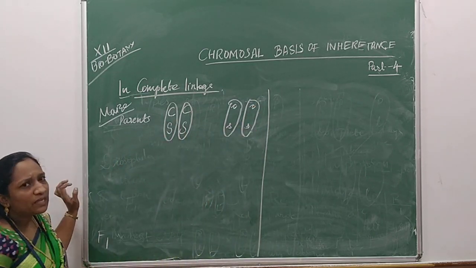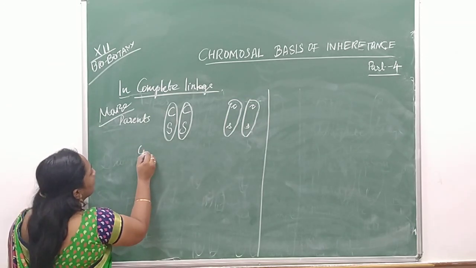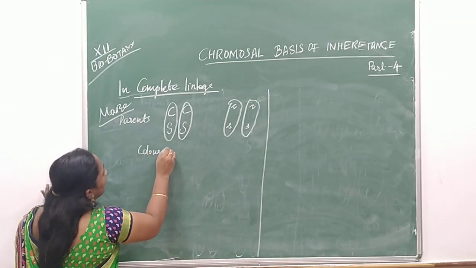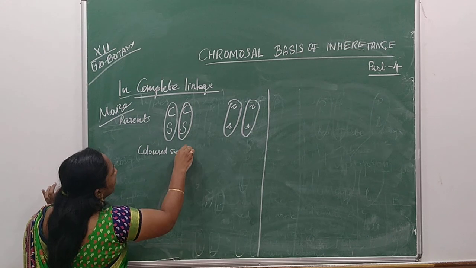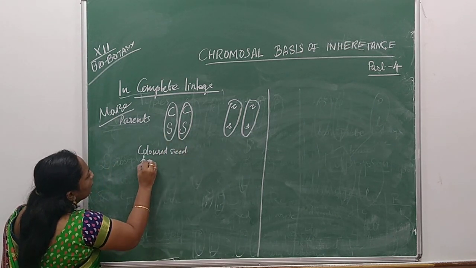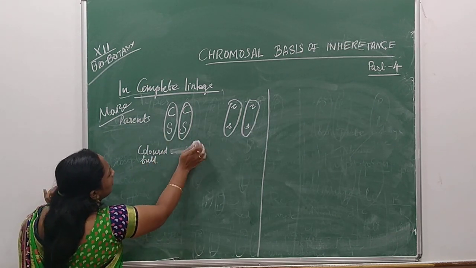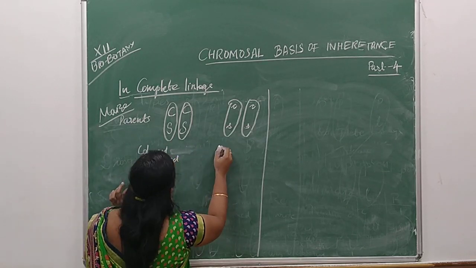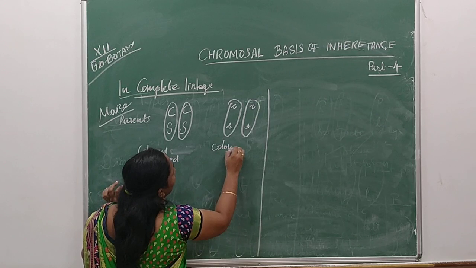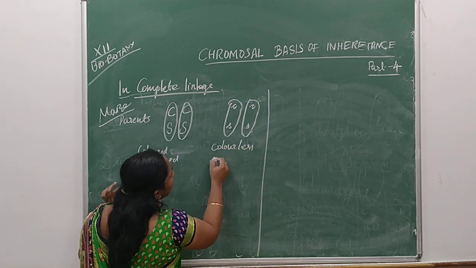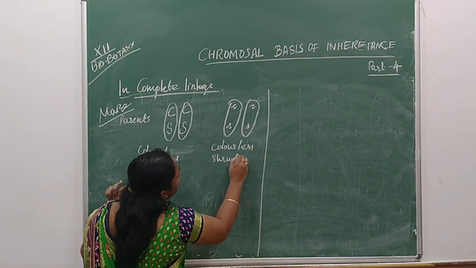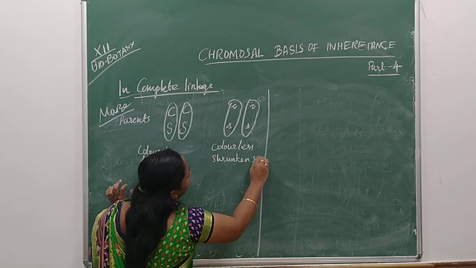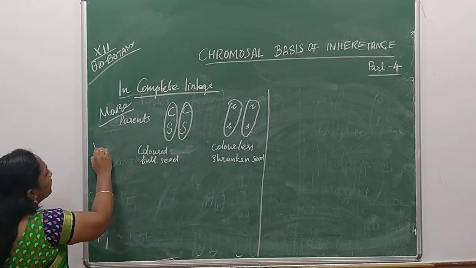So what is meant by capital C? Colored, and full, with full S. Here small c represents colorless, and shrunken s. So both are homozygous parents.